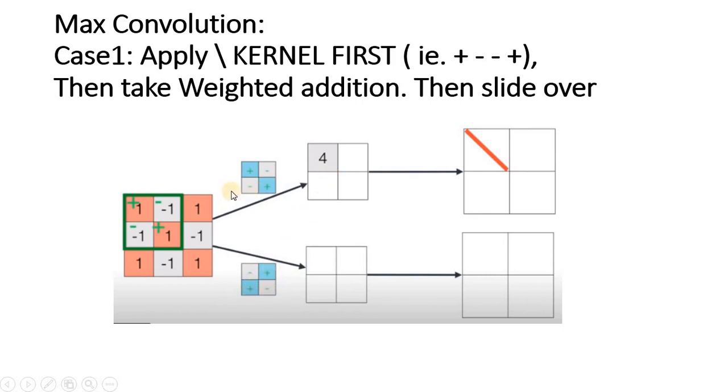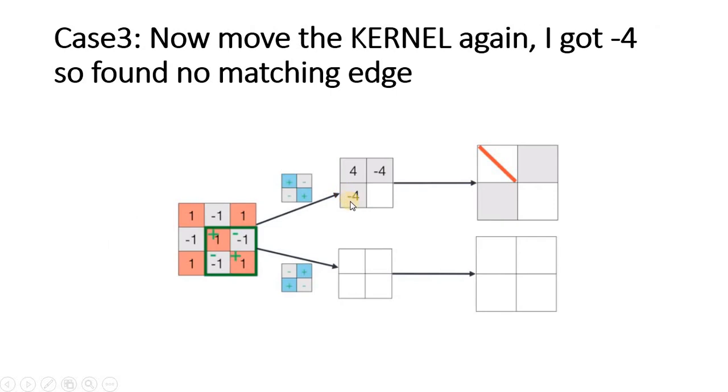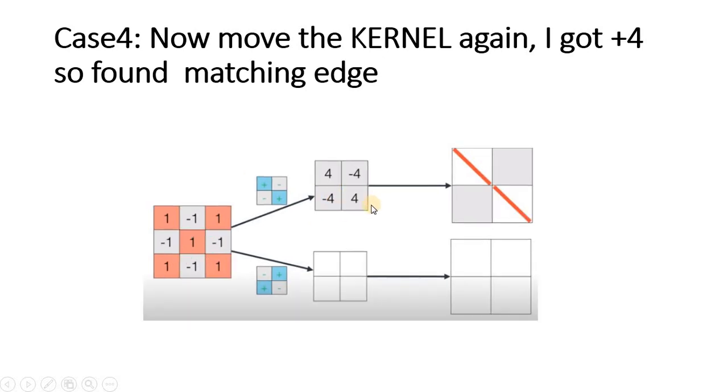When you do that, you can see in the first condition, when you multiply and add, you get a 4. Next, when you slide it over, you get a minus 4. Then you do the same operation again and get a minus 4. Finally you get 4, minus 4, minus 4, 4.